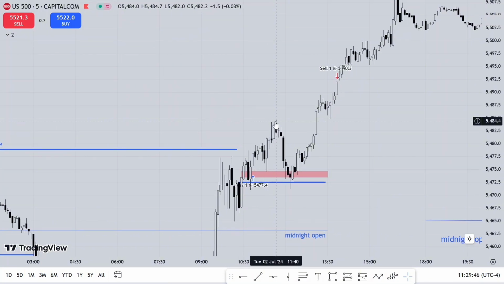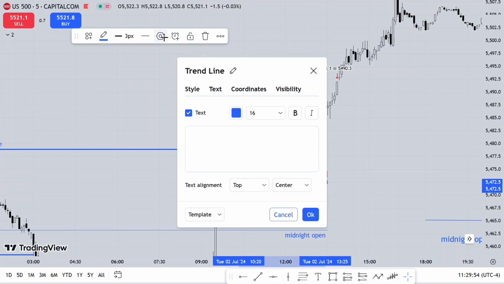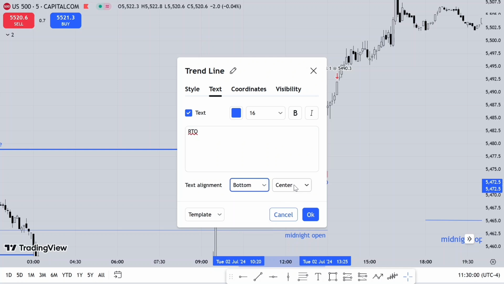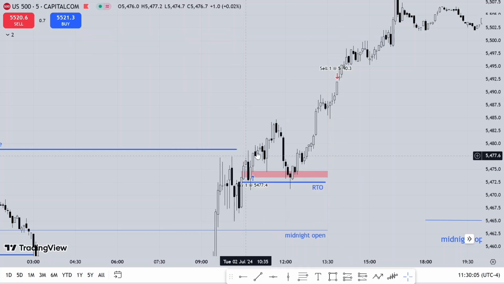So price rallies higher and returns back inside of the fair value gap into the order block. This is a return to order block. So you call this a return to order block. So price does this here.